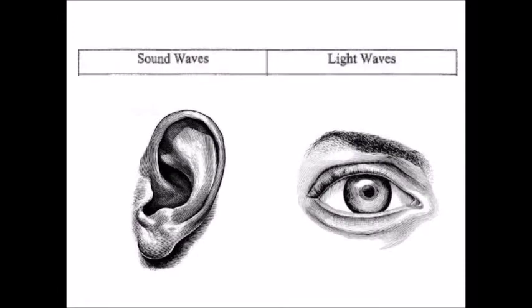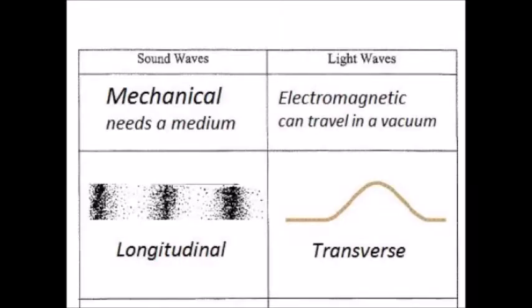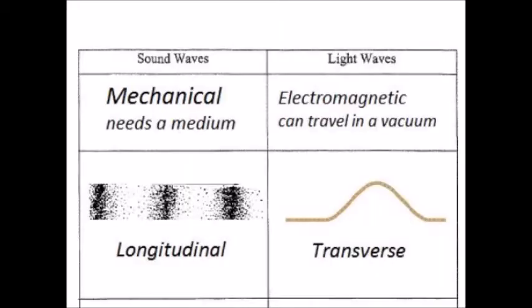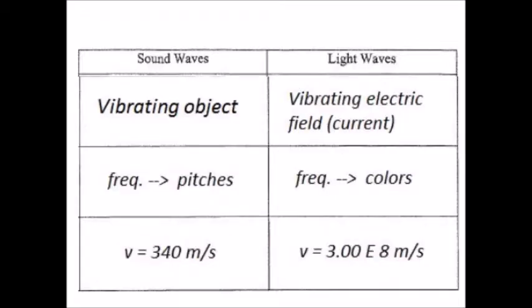What it has to do is that these things that seem like they have absolutely nothing in common are totally connected by the laws of physics, totally different and yet definitely kind of the same in a way. Sound waves are mechanical waves that need a medium. Light waves are electromagnetic waves that can travel in a vacuum. More about electricity and magnetism later in this course. Sound waves are longitudinal. Light waves are transverse. Sound waves are created by vibrating objects.